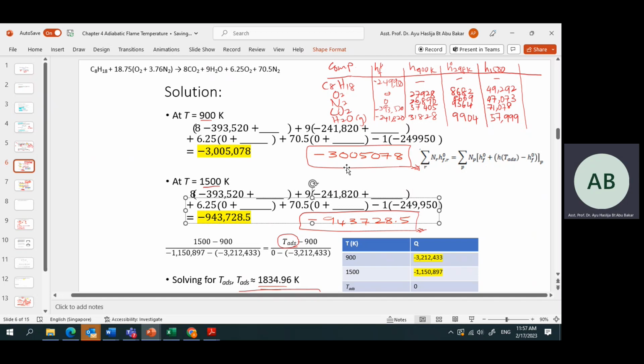Okay, so you should be getting this figure for T at 900 and T at 1500. Do you get the same or slightly different? At 900, what do you get?